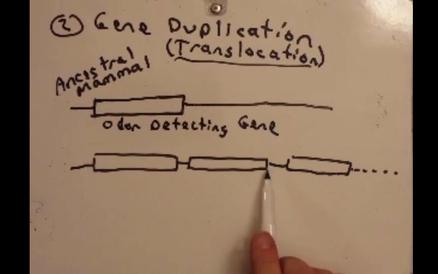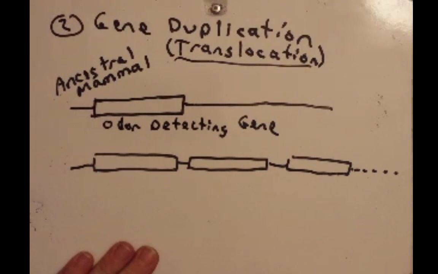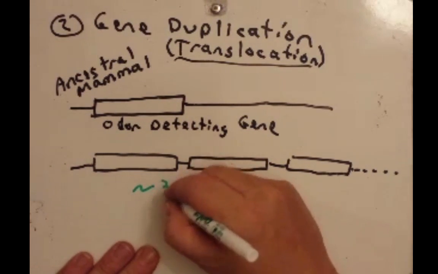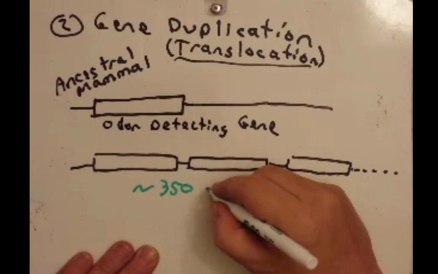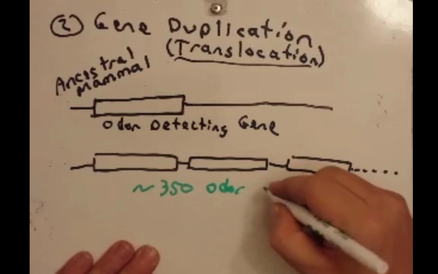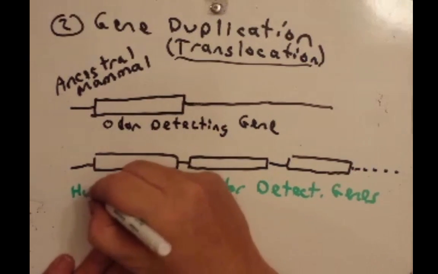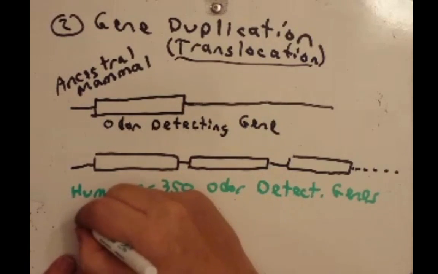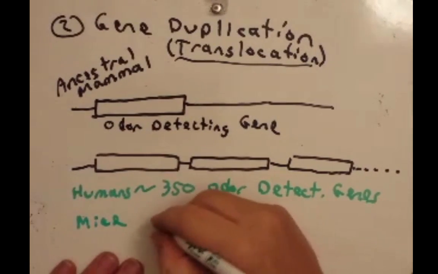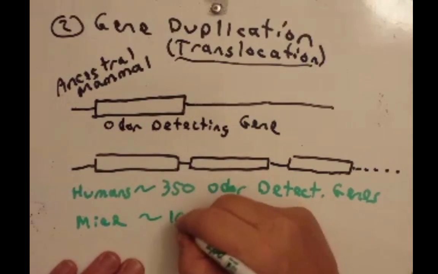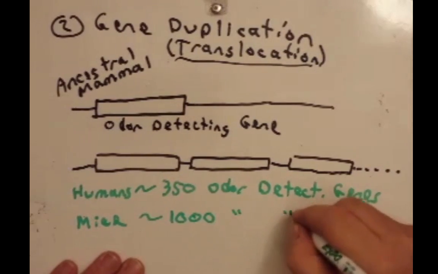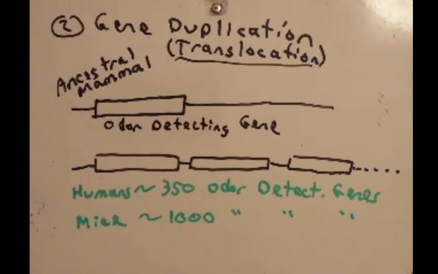Sometimes they're right next to each other, but they don't have to be. They could be duplicated and placed on a different chromosome entirely. To the point where we know in humans we have approximately 350 odor detecting genes. And so this is humans. And we know mice, they have approximately 1,000 odor detecting genes.